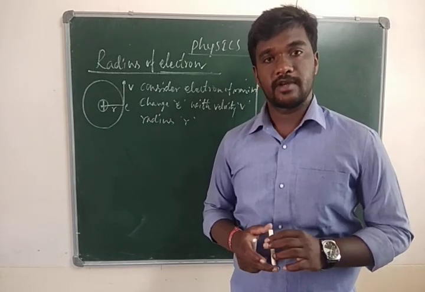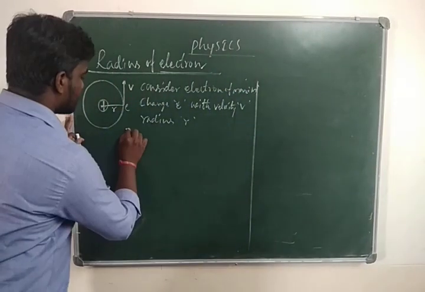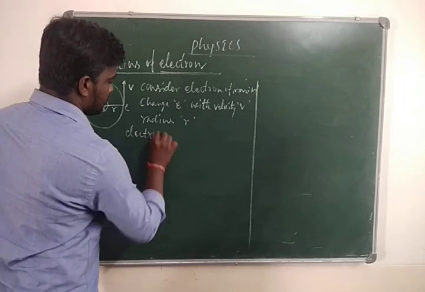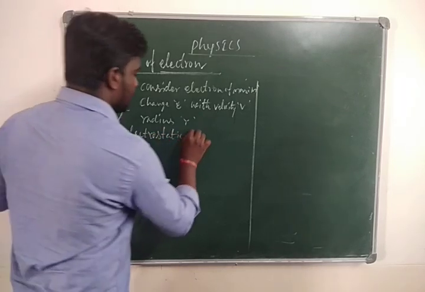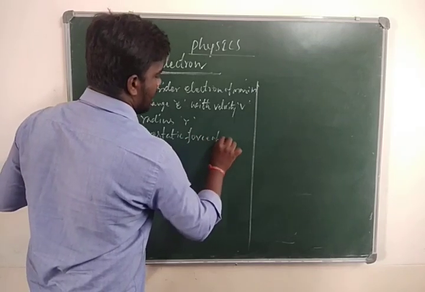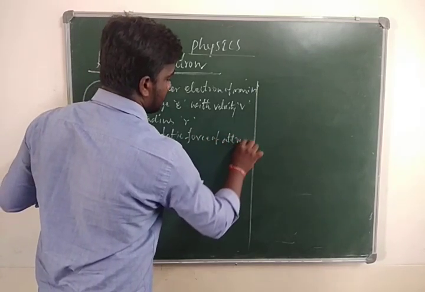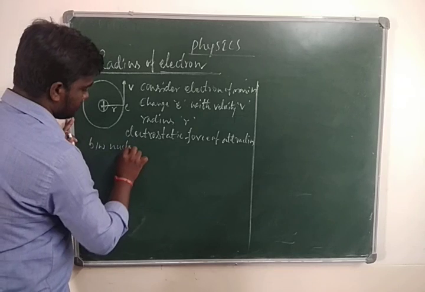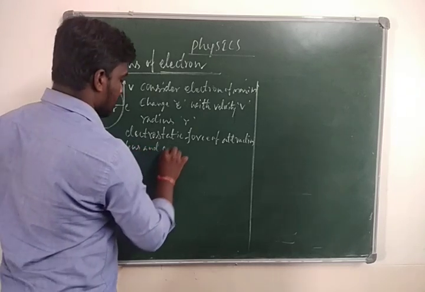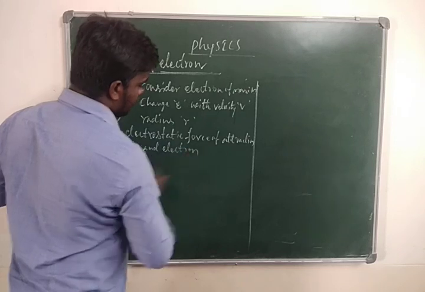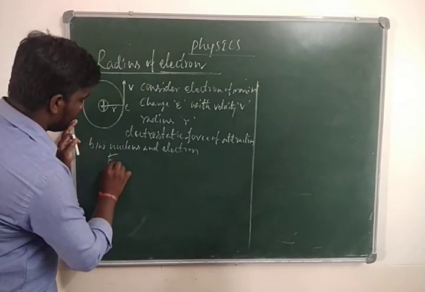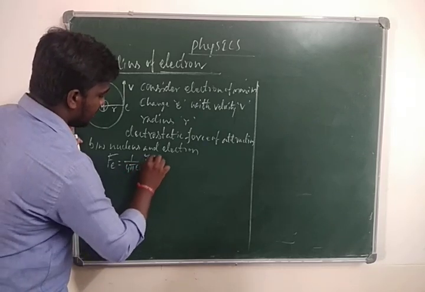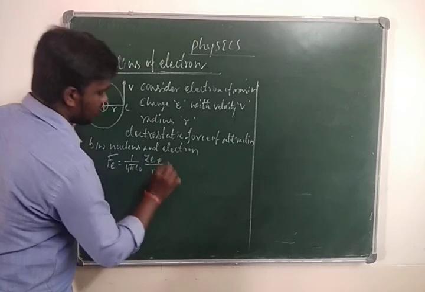electrostatic force of attraction. Here the electrostatic force of attraction between the nucleus and the electron means Fe is equal to 1 by 4 pi epsilon naught, Ze into e by r square.